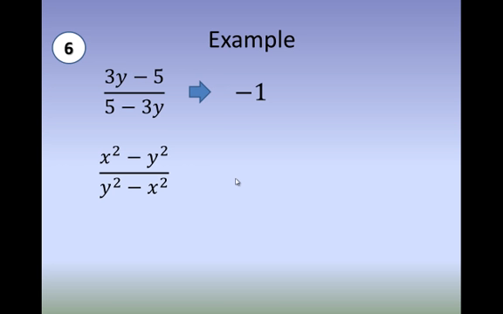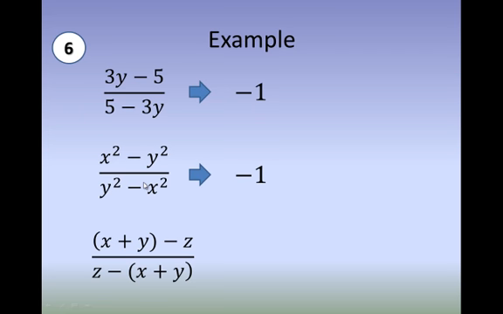This x squared minus y squared over y squared minus x squared is just again equal to negative 1. So you can see this is a minus b, okay, over b minus a. So we follow the same formula a while ago.